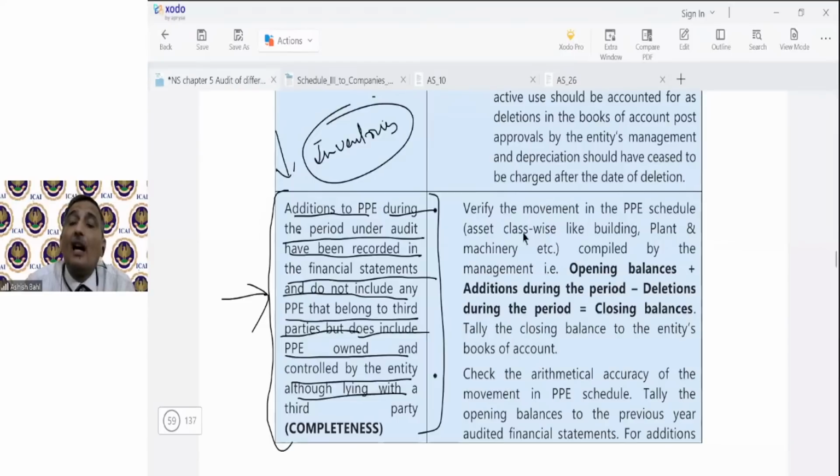But as on balance sheet date, this machinery is not lying with the company. It is lying with some repairer. But value of it would appear in the financial statements of the company. Okay. So this is the meaning of completeness. So similarly, say, reverse example can also be there.